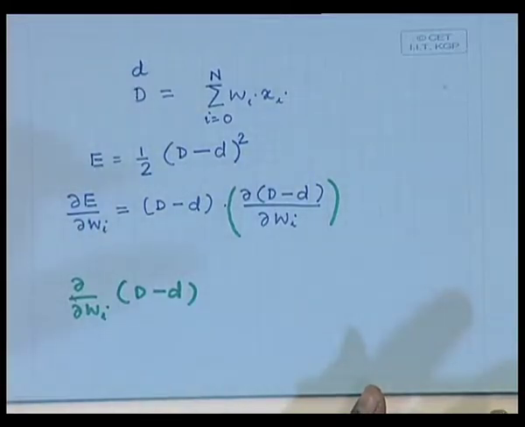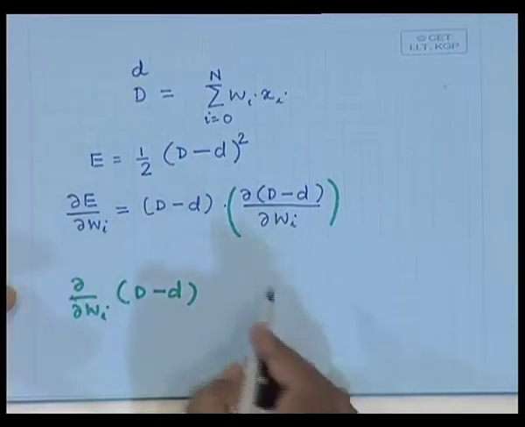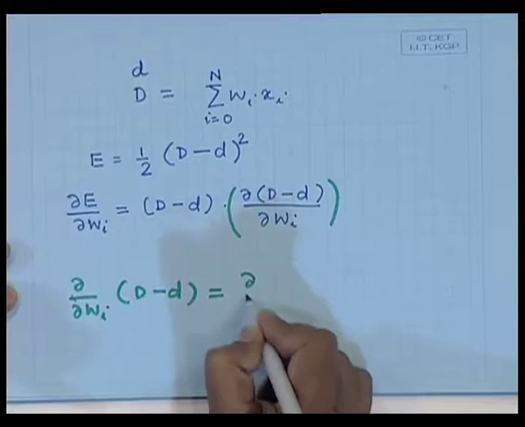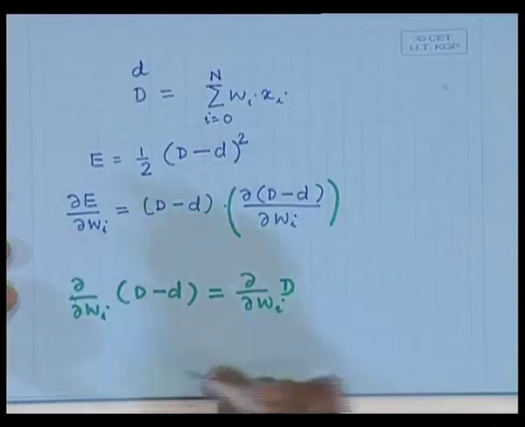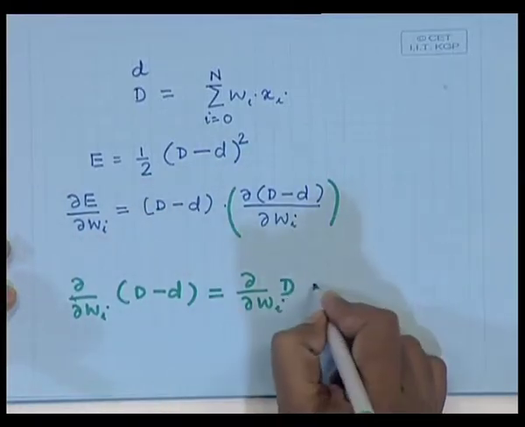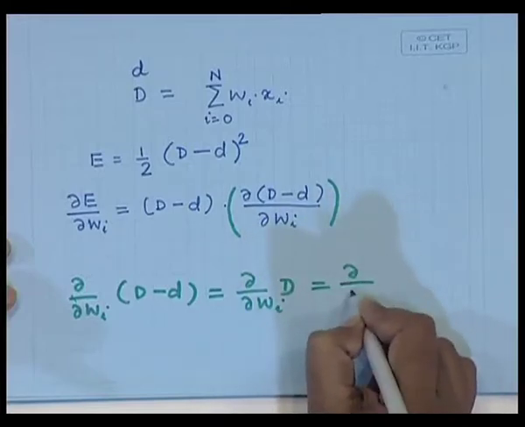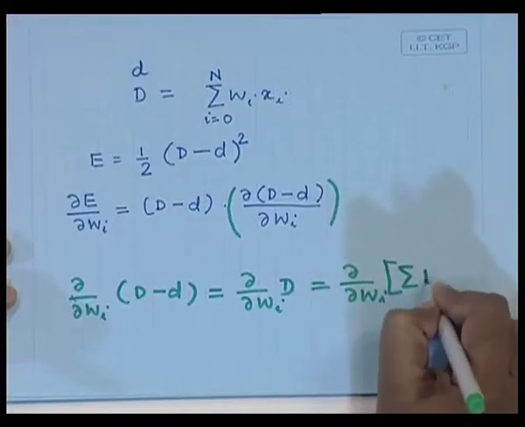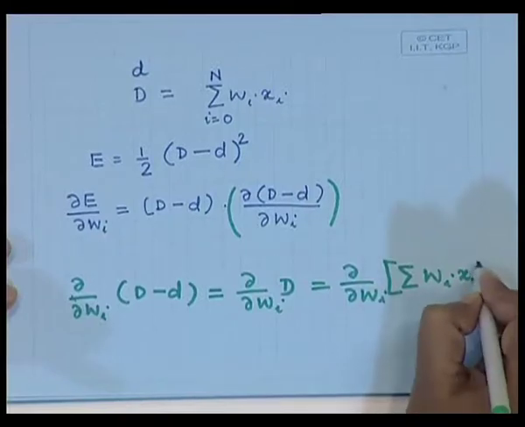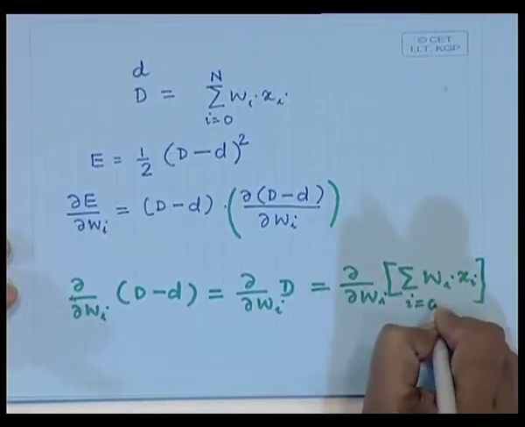Given a training sample, I know the class belongingness of that sample, so my target output does not depend upon wi. So this derivative is nothing but del wi of capital D, because lowercase d is independent of wi, and capital D is the summation of wi xi, where i varies from 0 to capital N.